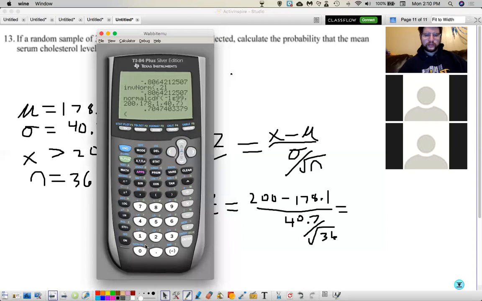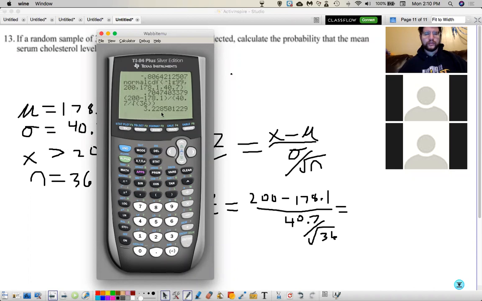The numerator in parentheses, divided by denominator in parentheses. Now notice I close my parentheses for my square root, but I also need to close my parentheses for my denominator.